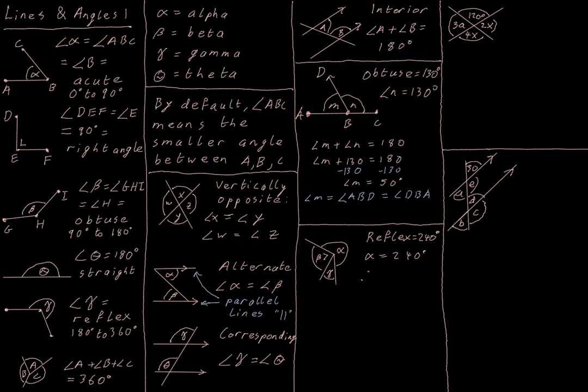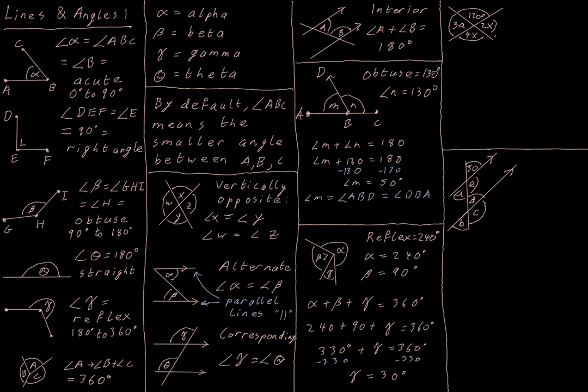So I know immediately that beta is going to be 90 degrees. So all that remains to me is to find gamma. Well, I know that alpha plus beta plus gamma must add up to 360 degrees. If I add up all of the angles going around a circle, I must get 360 degrees. When I work that down, I get that gamma is 30 degrees.